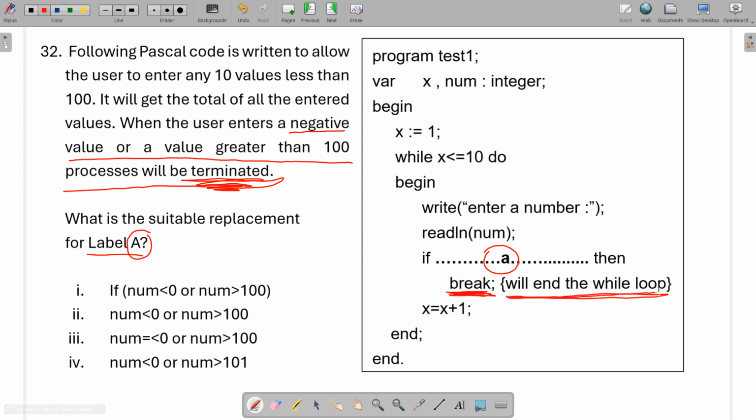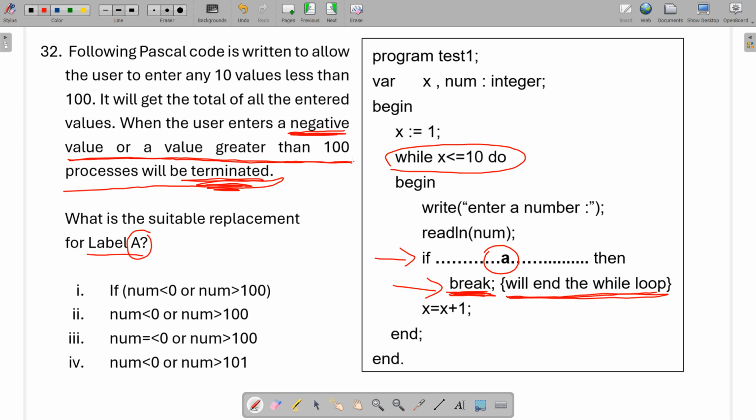So that means it's going to affect this particular while loop when it reaches the statement break, right? And the condition for the if can be easily guessed with this particular line: negative value or a value greater than 100, the process will be terminated, right?